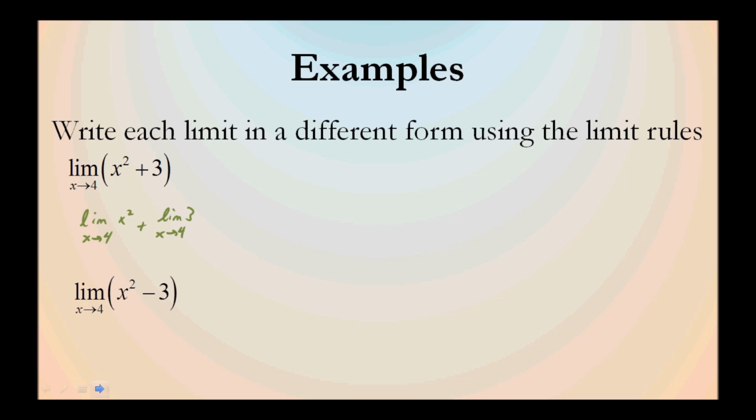The limit of x squared minus 3 as x approaches 4 can be rewritten as the limit of x squared as x approaches 4 minus the limit of 3 as x approaches 4. The limit of 4x squared as x approaches 4 can be rewritten as the limit of 4 as x approaches 4 times the limit of x squared as x approaches 4.